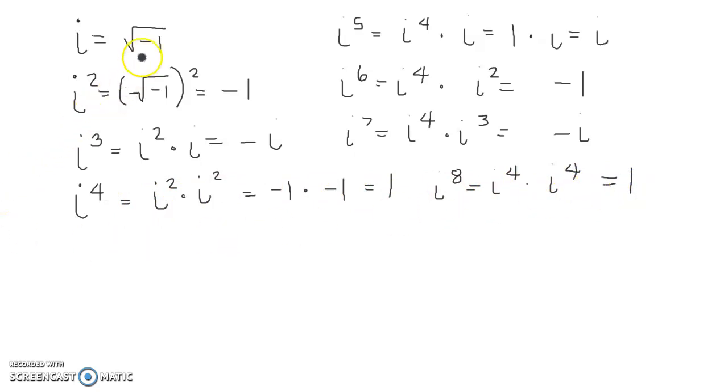So as you can see, we can observe a pattern. If our exponent is divisible by 4, we have the value of 1.